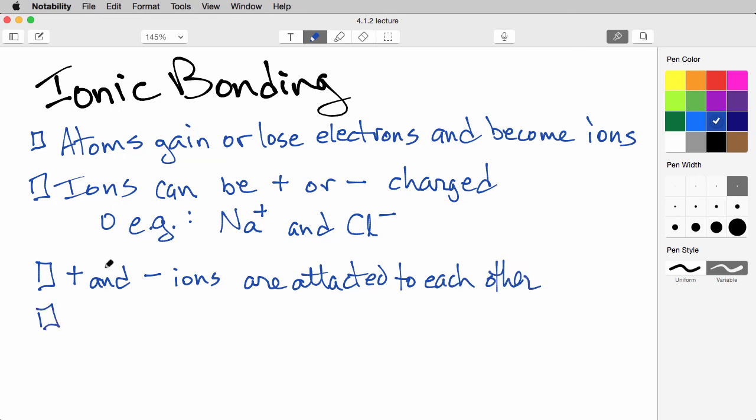Of course, ions with the same charge are going to repel one another and not form a solid, liquid, or gas usually. All right, so this is called something that you've certainly seen before, and this is called Coulombic attraction.